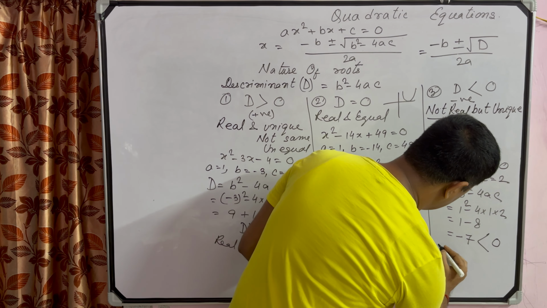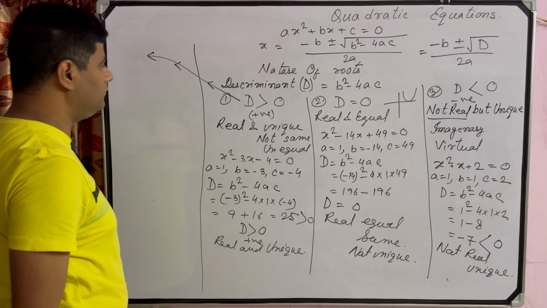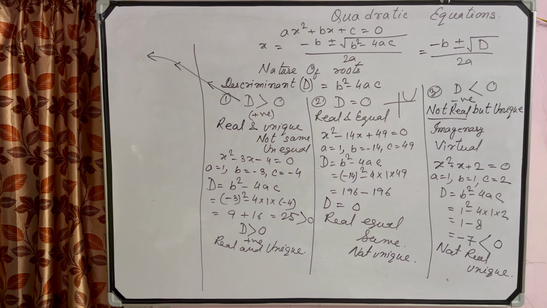Okay, clear to you? Now, one extra thing I want to tell you. In this scenario, when D is greater than 0, there is another situation that may come up.